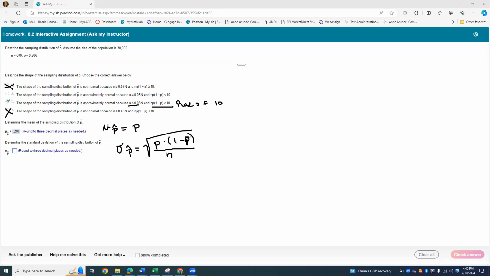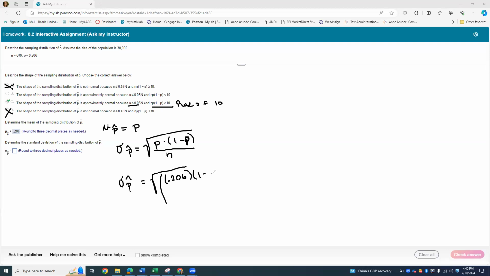If you are not comfortable with the graphing calculator, which is who I had most questions from, or not, everyone's different, I'm going to show you how to do that as well. For this particular problem, p is 0.206. If you did want to put this into your calculator all at one time, this is how I would recommend it.